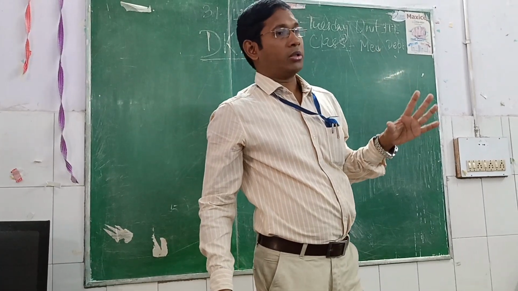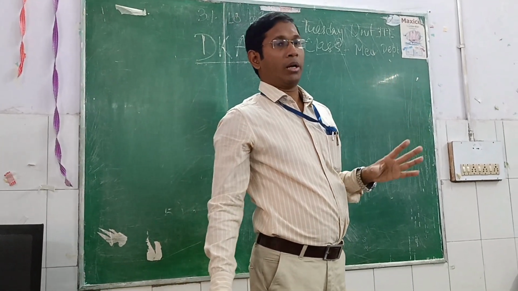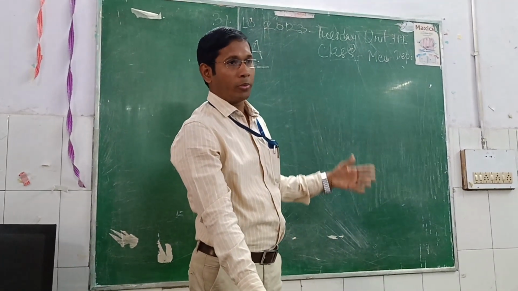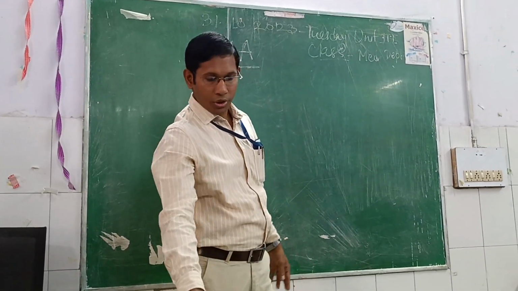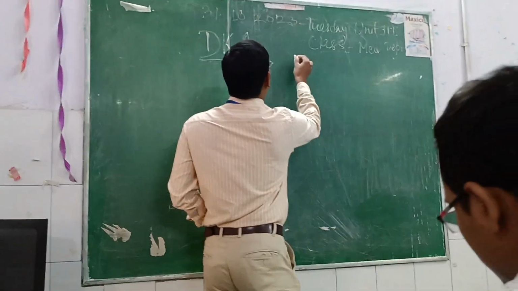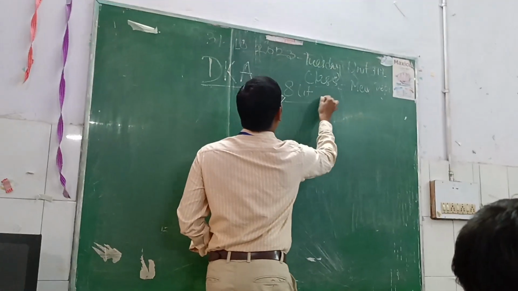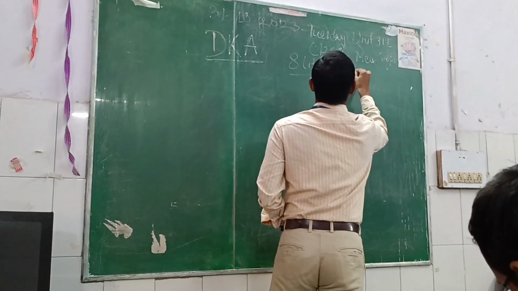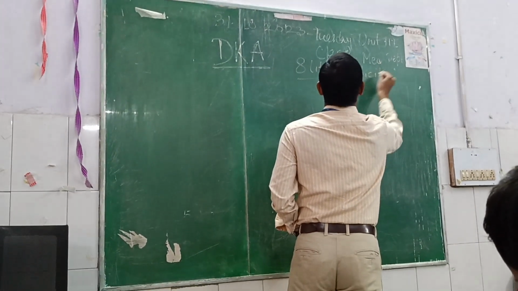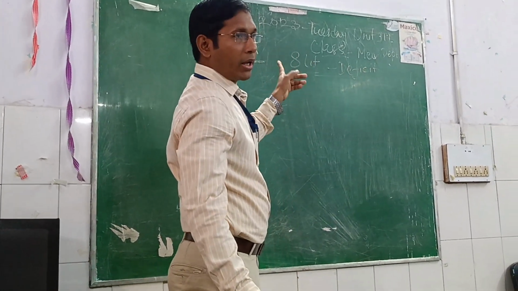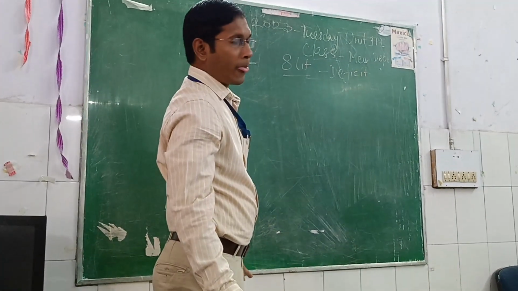Actually, such patients are invariably dehydrated. They might have some other comorbidities also. There is a fluid deficit of nearly 8 liters in case of diabetic ketoacidosis.